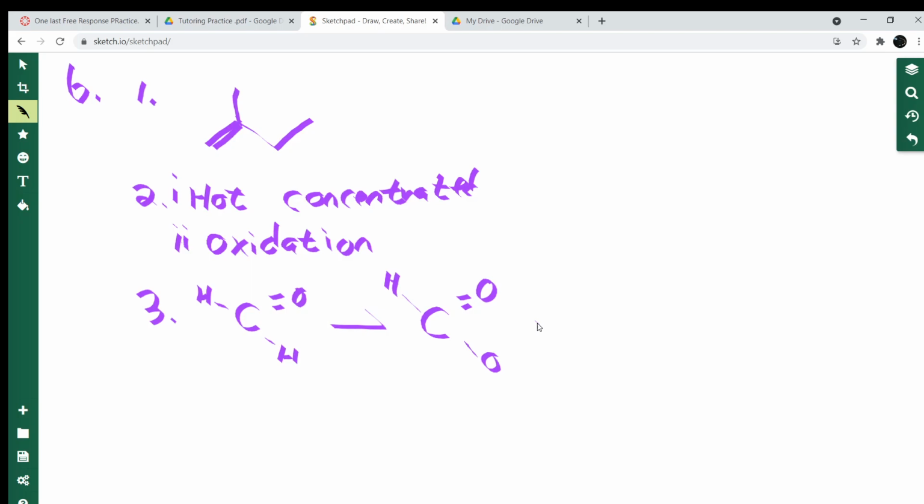That's what it's asking X is. Because if you have an aldehyde like this, or any aldehyde, in hot, concentrated solution, it's going to automatically oxidize again. So this is our answer for number 3, part 1.